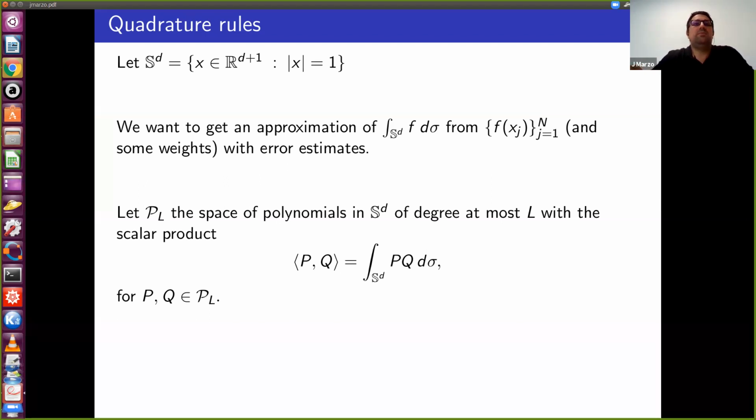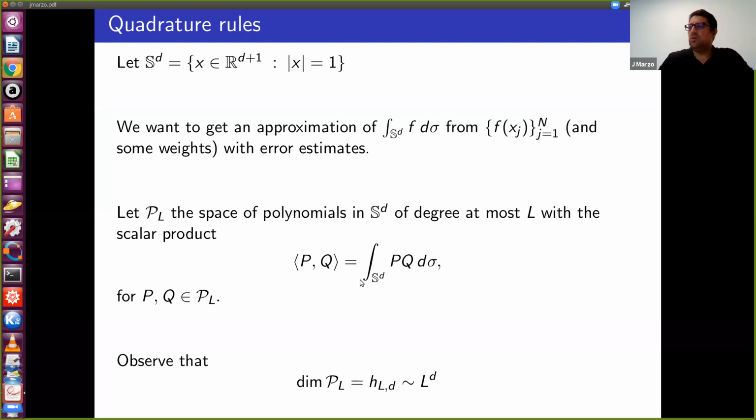First I will define the space, or the spaces, which are going to be the spaces of polynomials. PL is going to be the space of polynomials in D+1 variables of degree at most L, and you consider the restriction to the sphere. In here, I will take this scalar product.